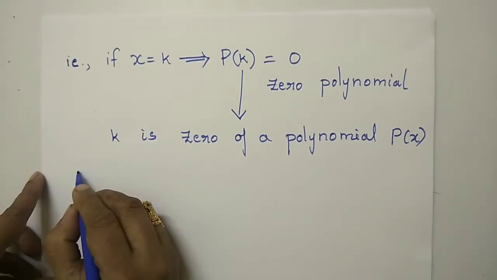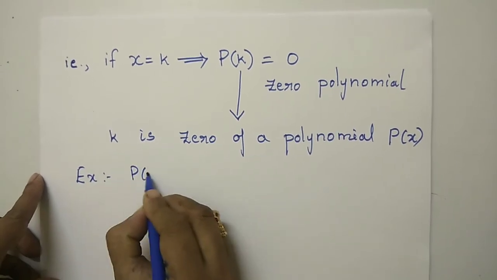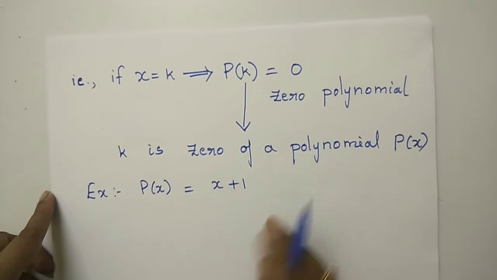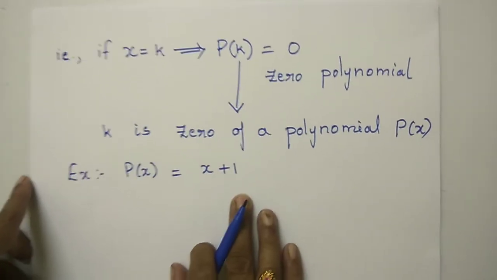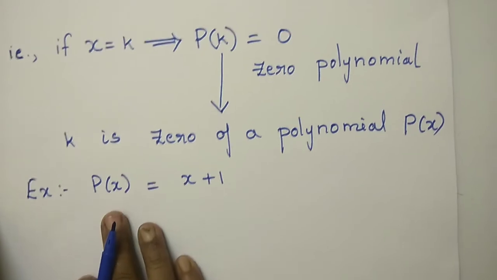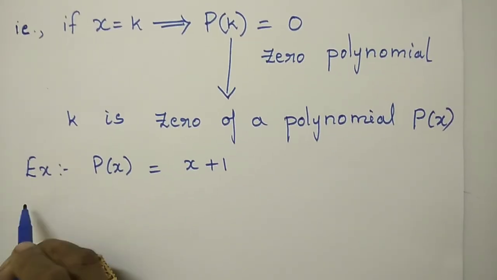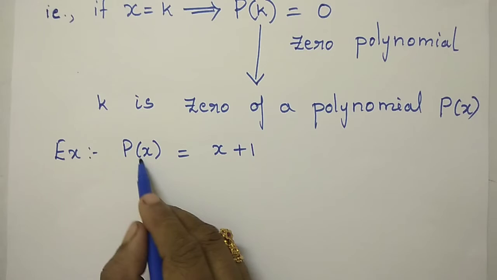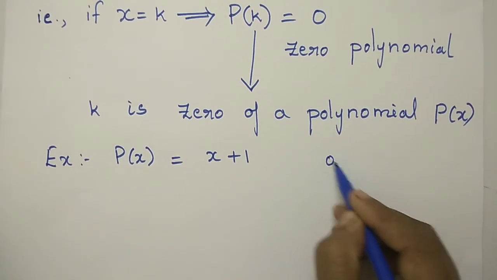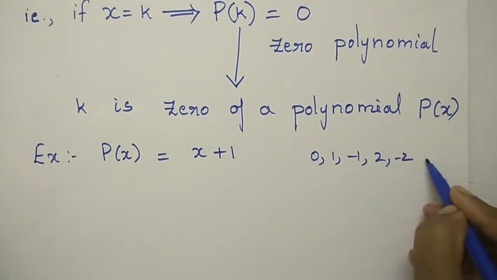Let us take an example, p of x equal to x plus 1. To find the zero of this polynomial, we have to take real numbers in the place of x. It can be any number: 0, 1, minus 1, 2, minus 2, and so on.